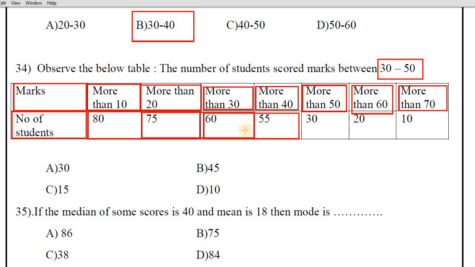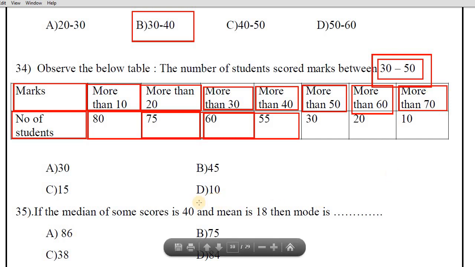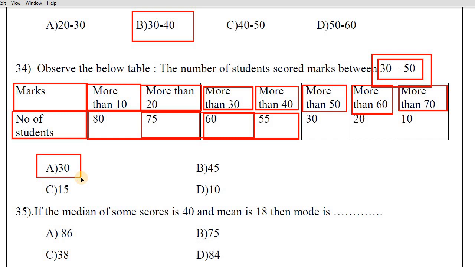Like that, you find the remaining, children. We want to find 30 to 50, which means two class intervals, 30 to 40 and 40 to 50. So 30 to 40 you get 5 and 40 to 50 you get 25. So 5 plus 25 gives 30. Option A is correct for this problem, children.